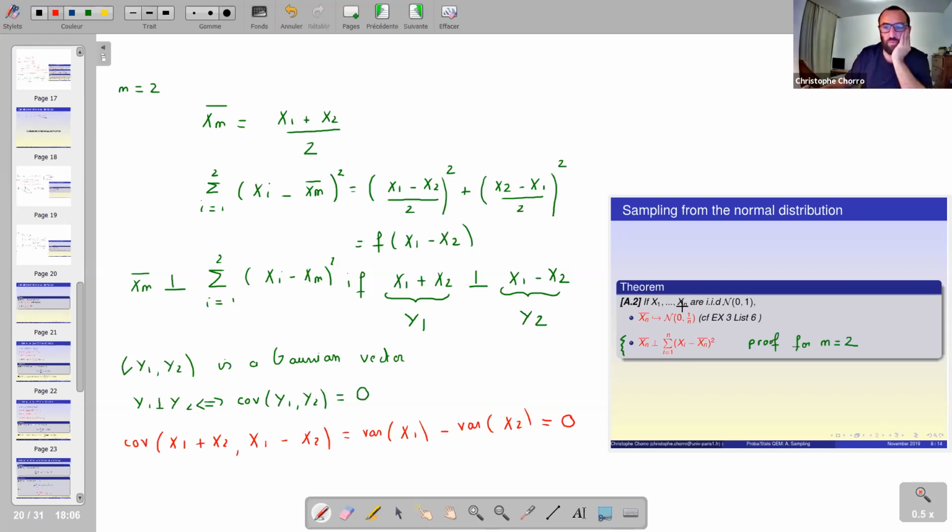So I have proved this theorem: this one in great generality because it's easy, and this one at the very least for n equal to 2. So let's continue to see in particular how to apply the first result.